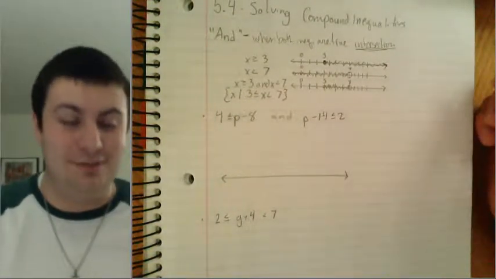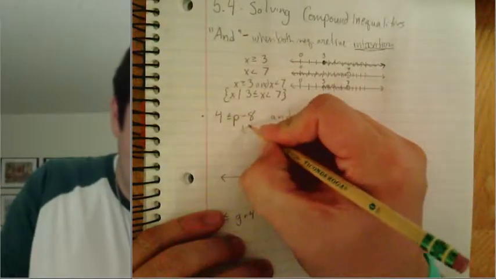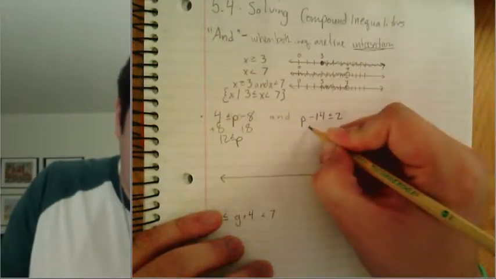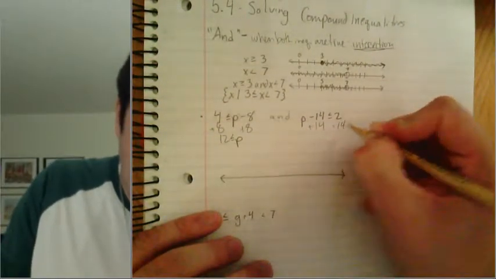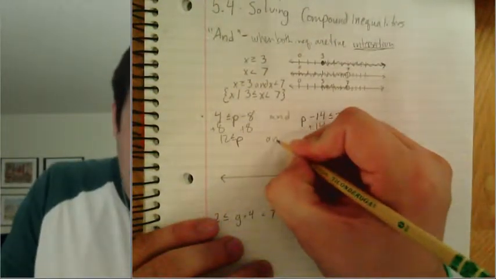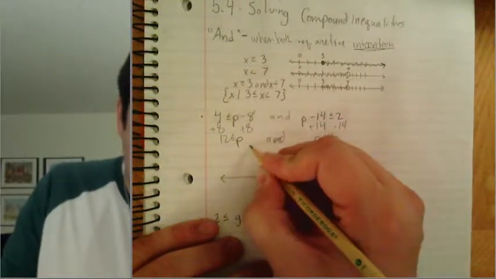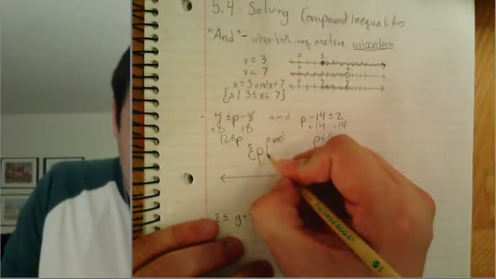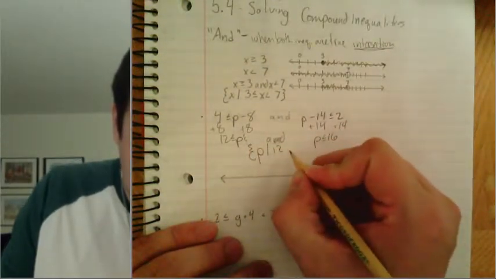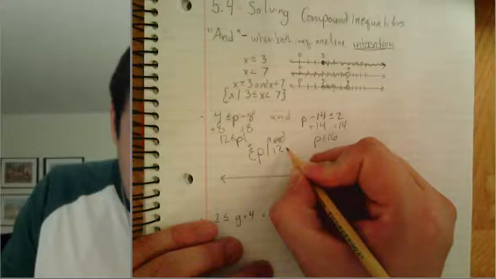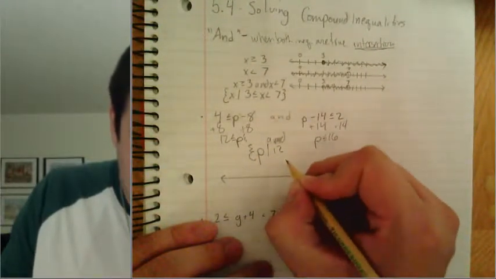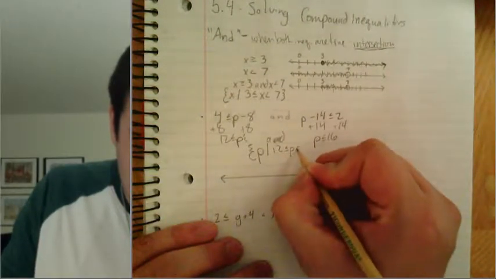So if we have this inequality where 4 is less than or equal to p minus 8 and p minus 14 is less than or equal to 2, we're going to solve each. I'm going to add 8, and so we have 12 less than or equal to p. Add 14, and we see p is less than or equal to 16. This is an AND, which I'm going to put in set builder, and I'm going to combine it. I have 12, I have to mirror this sign, so 12 is less than or equal to p is less than or equal to 16.